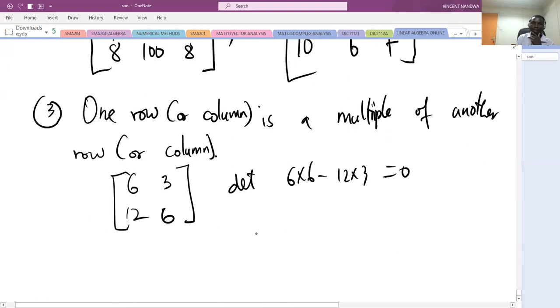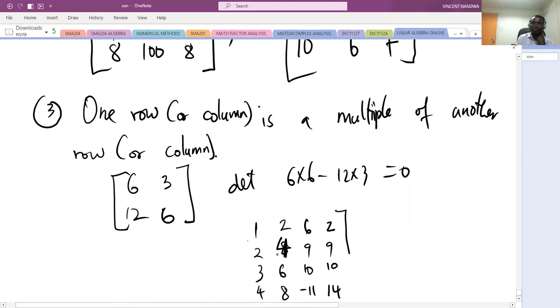But we have 1, 2, 3, 4, 2, 8, 6, 8, and then 6, 9, 10, minus 11, 2, 9, 10, 14. You don't have to go into cofactor expansion or row operations, because these two have a scalar multiple of each other.